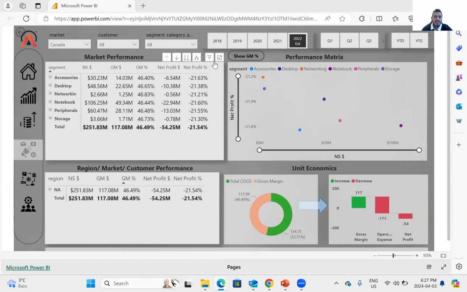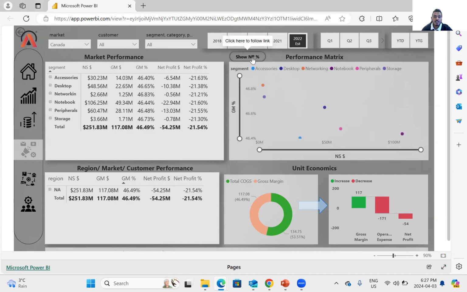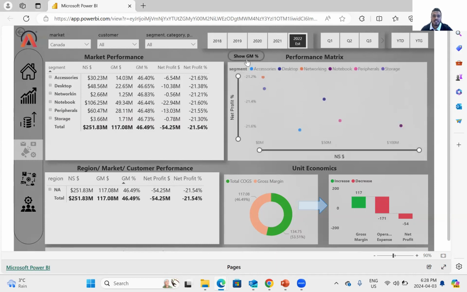Now you can see here in the marketing view, I created this toggle button, which does not overcrowd our visual on one page, so that we can have more insights just by using these features like the bookmark features that I have used. As you can see now, it shows gross margin percentage, net profit over net sales in both the same chart by just clicking this link.